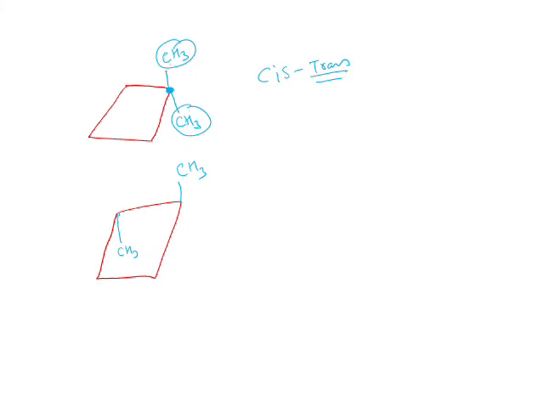Which kind of isomer is this one? This is the trans isomer, which is a geometric cis and trans isomer, right? Because the geometry is different.